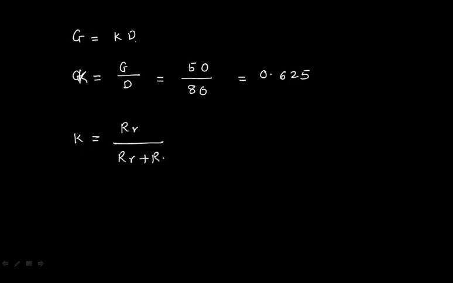So if I say that K is equal to RR divided by RR plus RL, I'll just divide it by RR. So K is equal to 1 divided by 1 plus RL by RR. Okay.